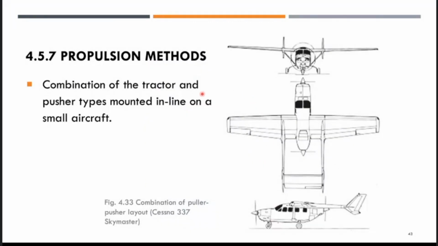Or you can also have a combination of a tractor and a pusher, mounted in line on a small aircraft. You have two engines. One is installed in front, the tractor or puller type of propeller, and then the pusher type of propeller behind. This is a Cessna 337 Skymaster.